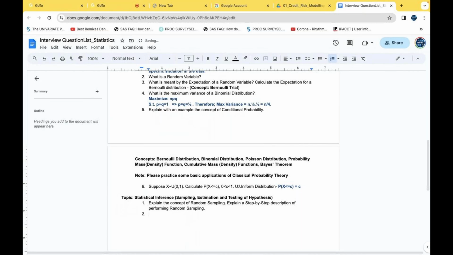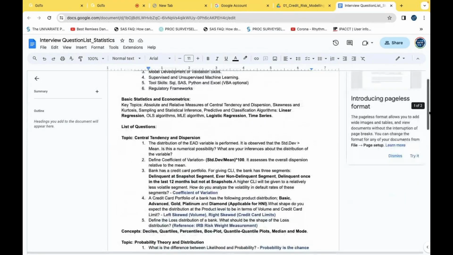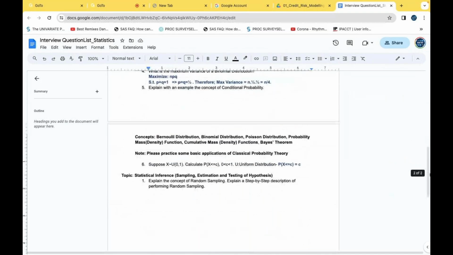So if you're asked how you would do the sampling exercise, or to explain the step-by-step function, I would ideally go about answering it this way.